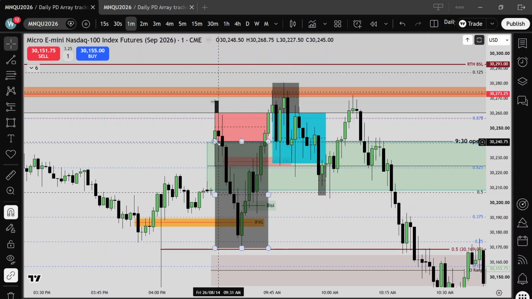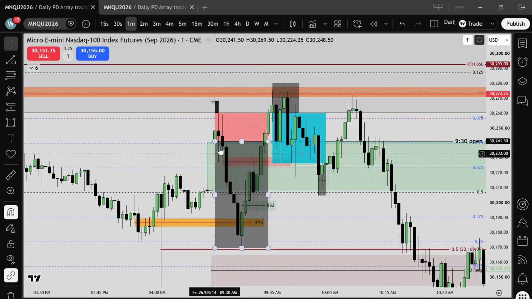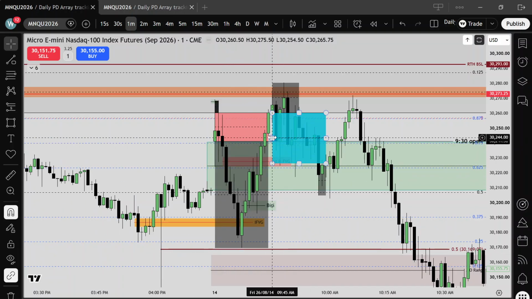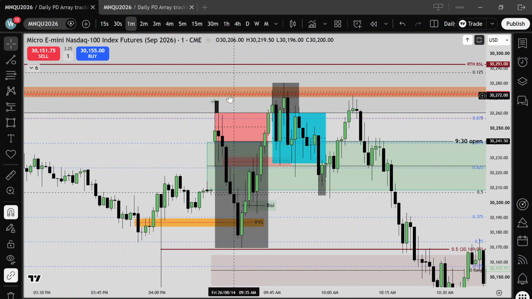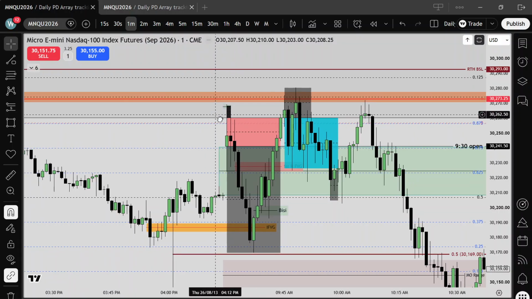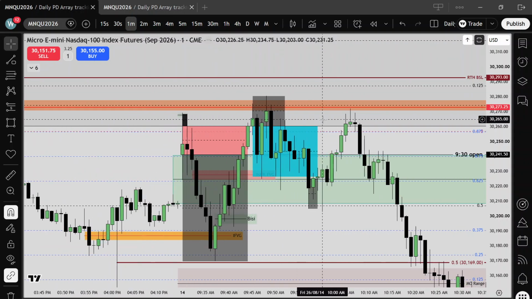So this is the body of the first 15-minute candle. This is the upper wick. This is the lower wick. The second 15-minute candle opens, takes out this previous high of this 15-minute candle and this buy side.